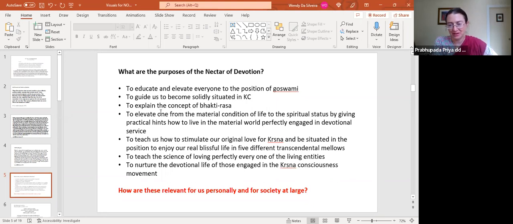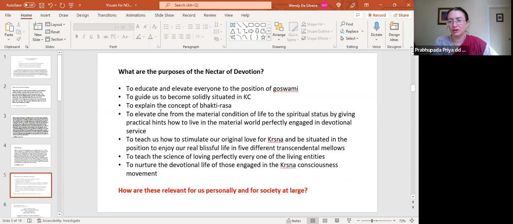And of course, a big part of that is the association of devotees. We need senior devotees to nurture us. We need peers in Krishna consciousness to befriend us and support us. And the Nectar of Devotion is also a shelter for us, a nurturing. It's like spiritual food for us to grow on.